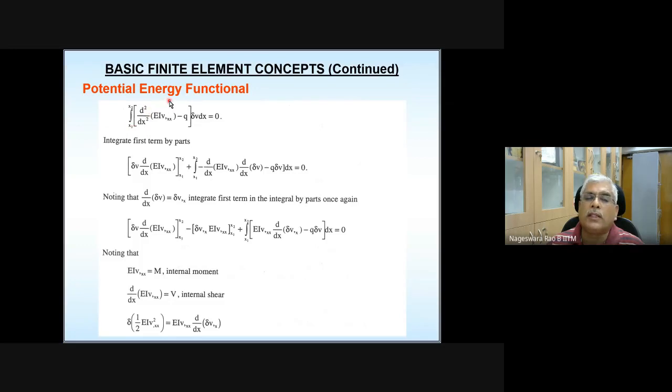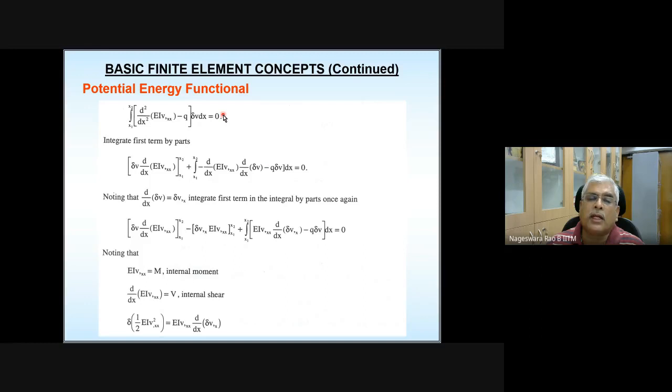So that is what is actually followed here. The given differential equation is multiplied with the variation of transverse displacement and integrated from x1 to x2. And earlier, when I was explaining the beam problem, somebody asked what if in a problem we need to apply integration by parts 2 times to reduce the order of differentiation.